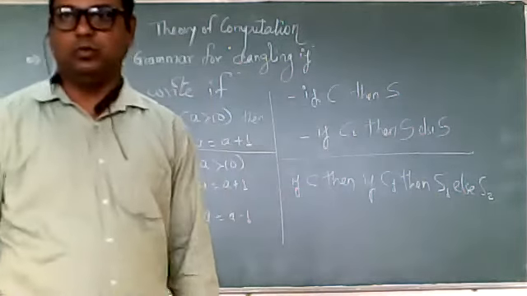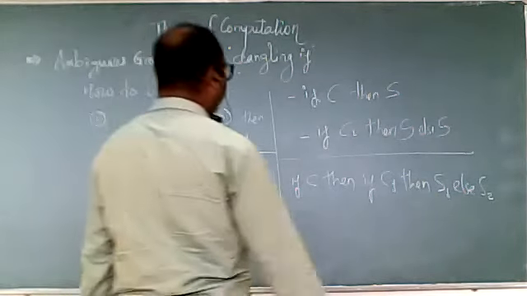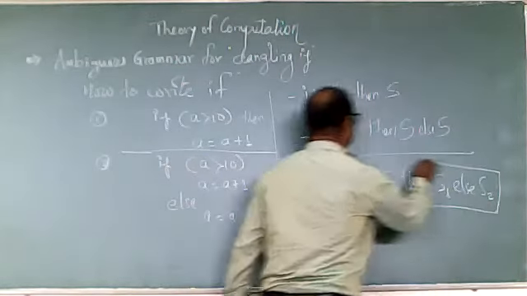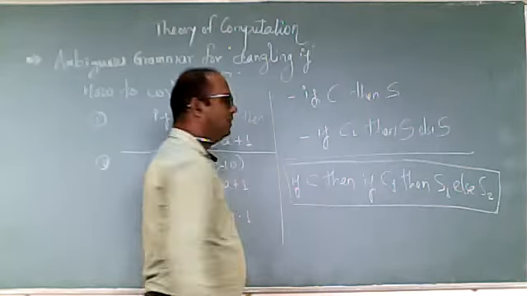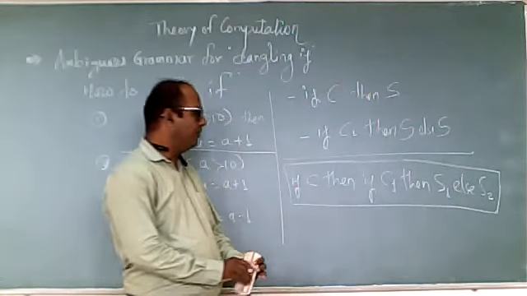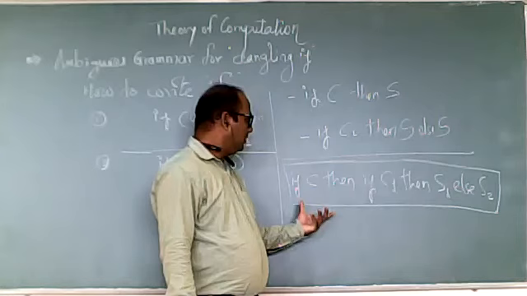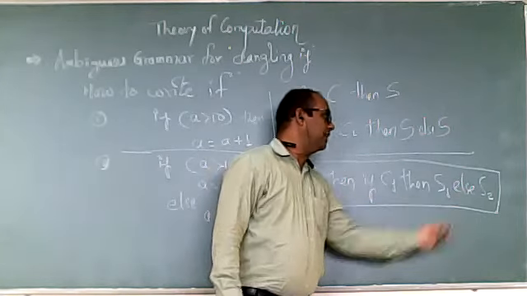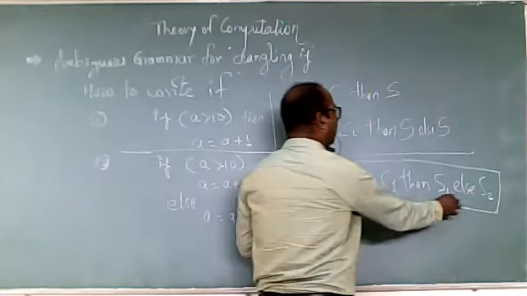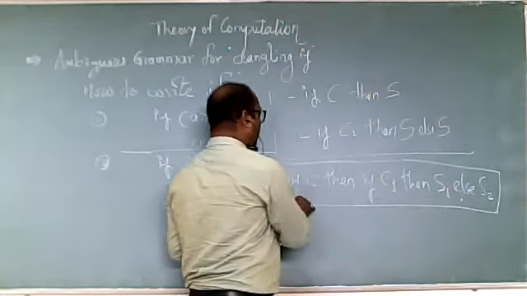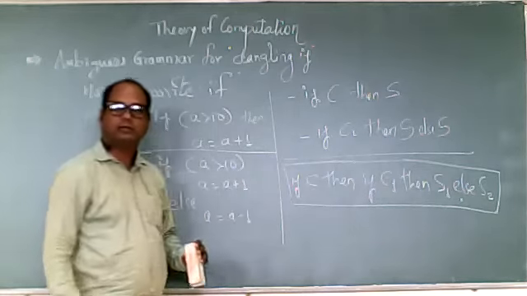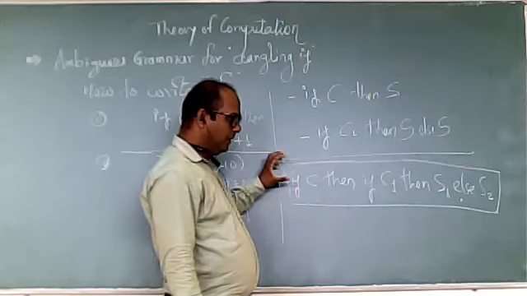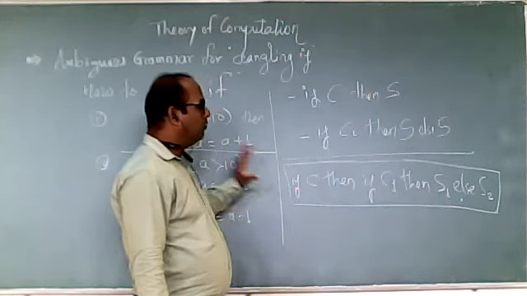If this is the statement, this is called a dangling if, dangling else. So now, if C, then if C1, then S1, else S2. Here, this else belongs to which if? This if or this if? This is the problem. This problem is called the dangling if.